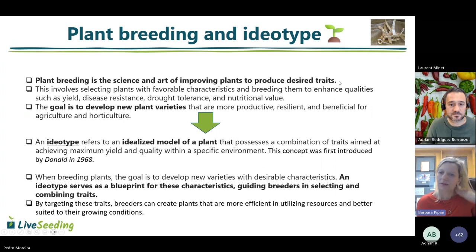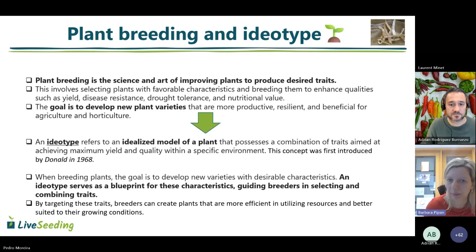Okay, so it was nicely explained everything about plant breeding, and I will really go from scratch and focus on what plant breeding actually is, in a very simple way. One of the definitions of plant breeding is that this is the science and art of improving plants to produce desired traits.